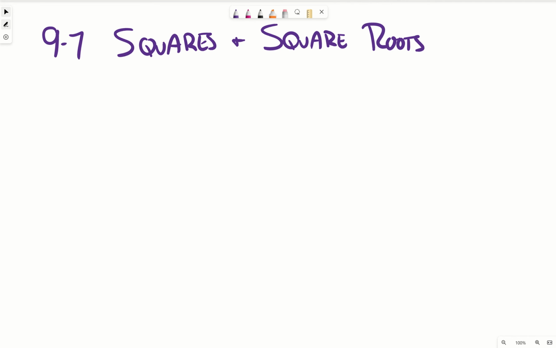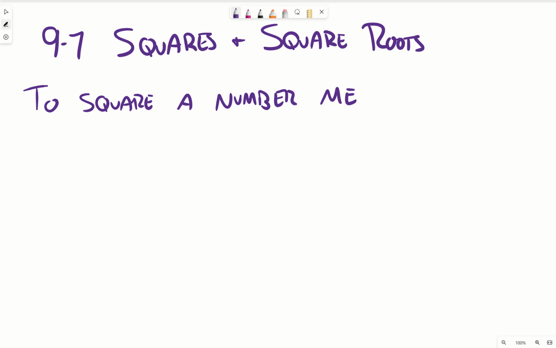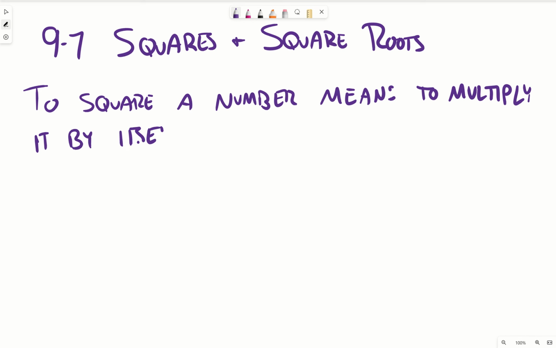So, to square a number means to multiply it by itself.